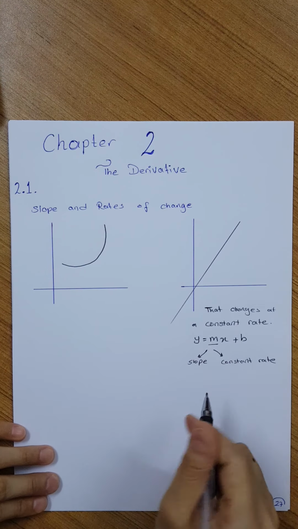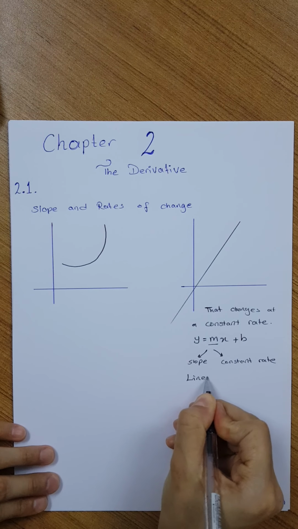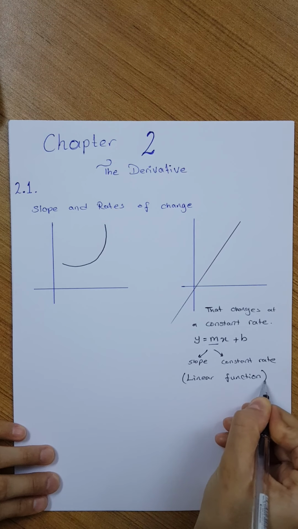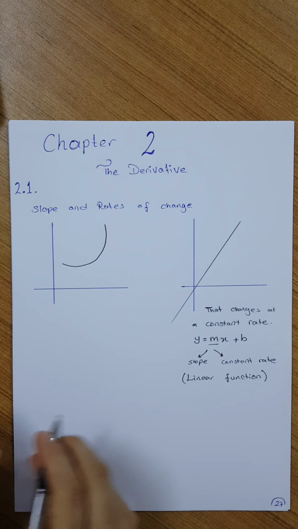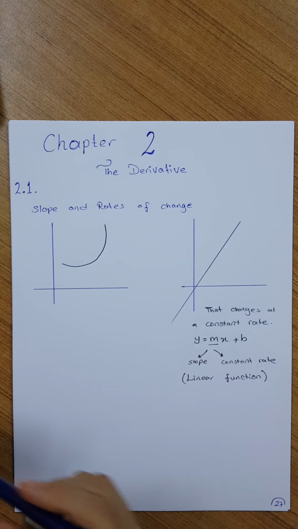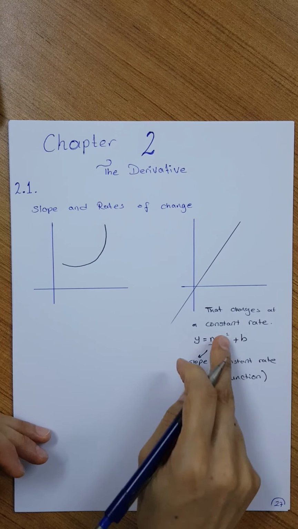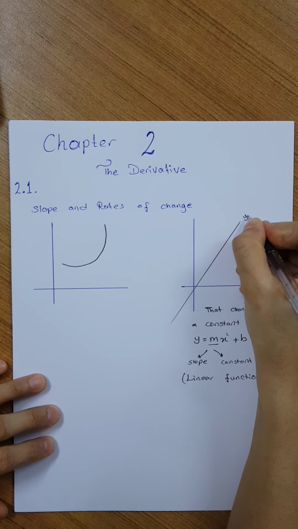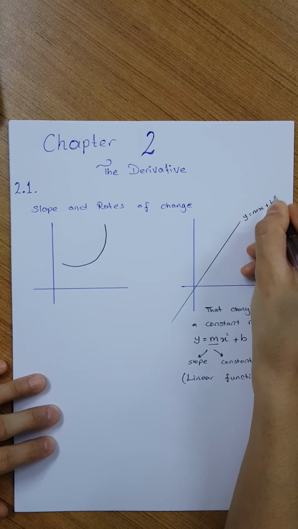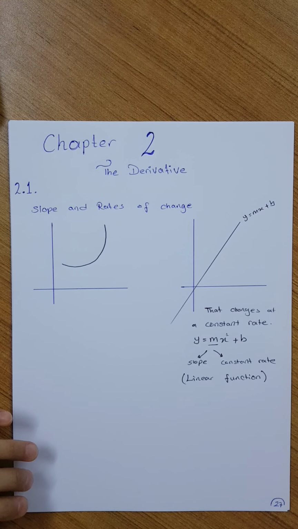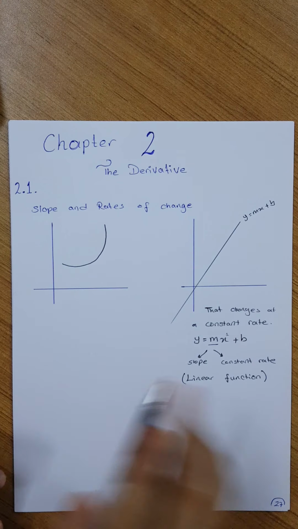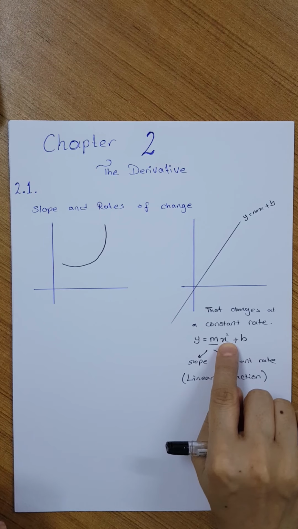We have studied linear functions, those functions that are changing at a constant rate, or in general where the power of x is equal to 1. So y equal to mx plus b, whatever function it is, is written like that, and m is the constant rate. That's the slope for linear functions. The slope was the number that was multiplied by x.